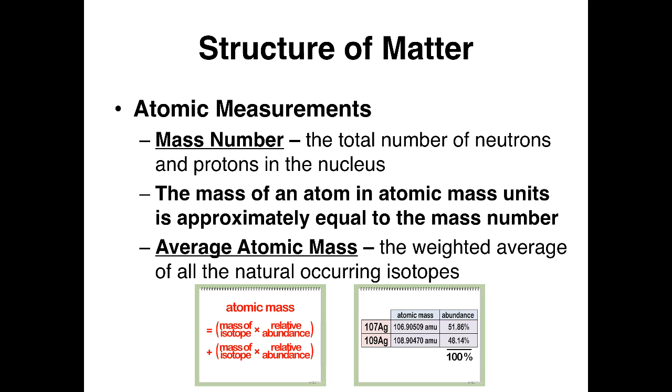The second one is Ag109, which has the mass that's shown in the table, and its abundance is 48.14%. So if you take 0.5186 times that mass plus 0.4814 times that mass and add those two together, you get the atomic mass that's probably shown in the periodic table.